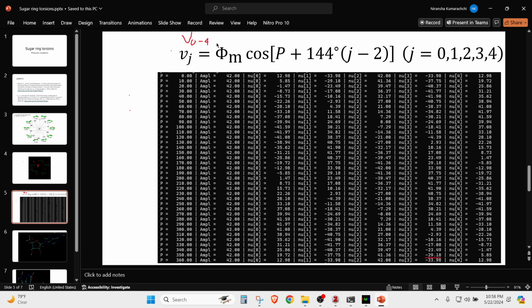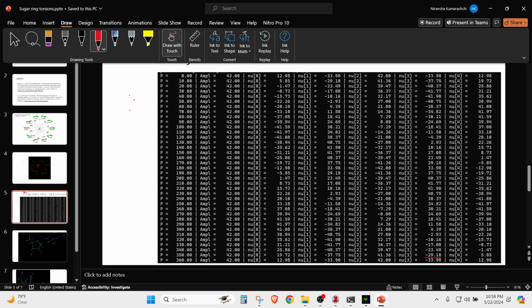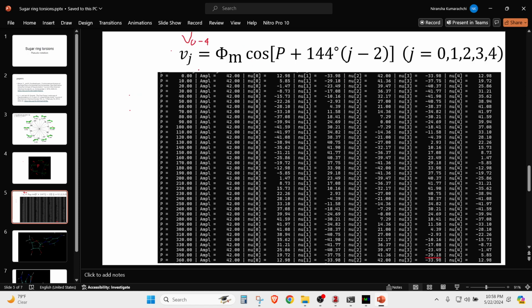So if you want to calculate, for example, pseudo-rotation at 30, for mu0, what is the mu0? It will basically be plugging this 42 here, cos this, and for mu0 j is 0, minus 2. So I have calculated everything here for mu0, mu1, mu2, mu3, and mu4.